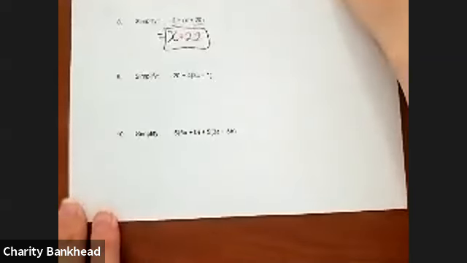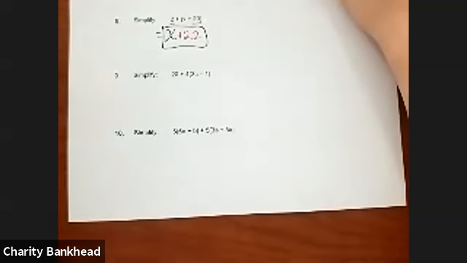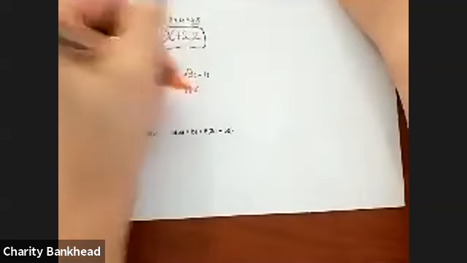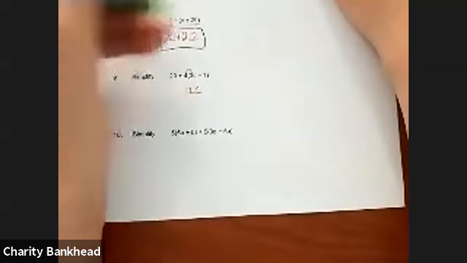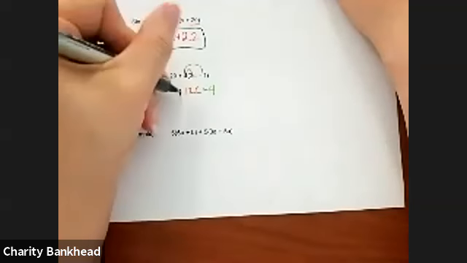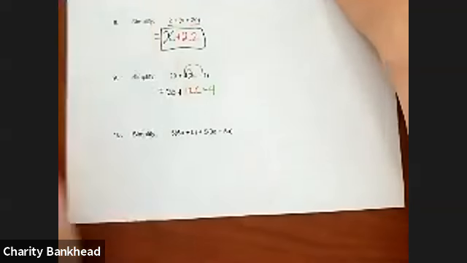Number 9, 20 plus 4 times 3c minus 1. The first thing I need to do is distribute the 4. So 4 times 3c would equal 12c. And then 4 times negative 1 would equal negative 4. I'm going to bring down plus 20 on the front.